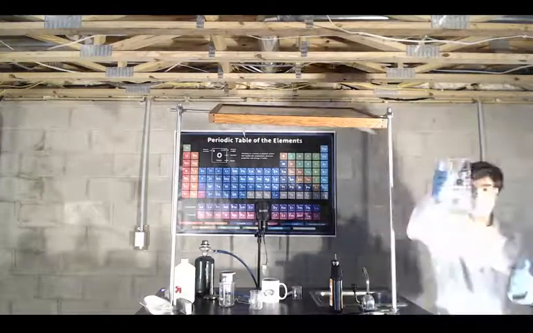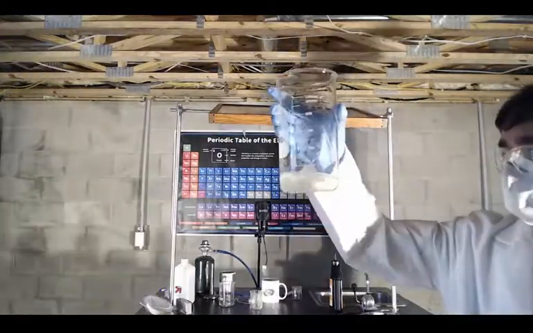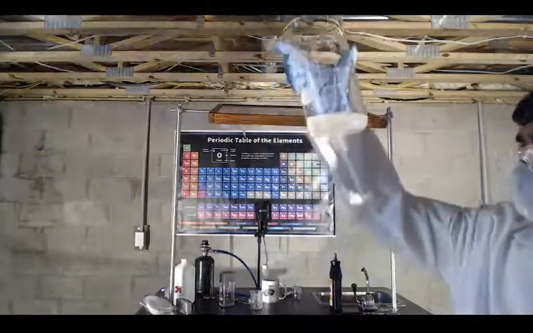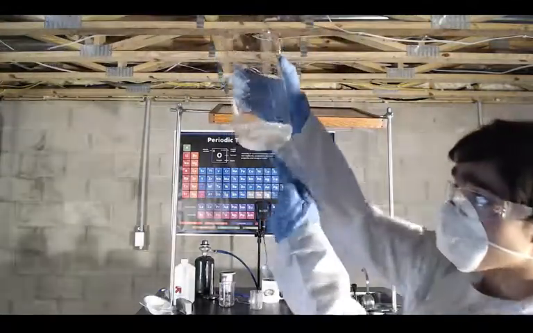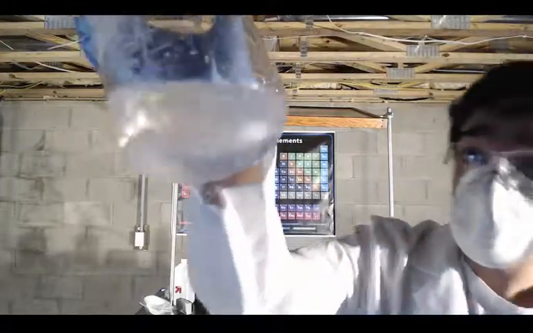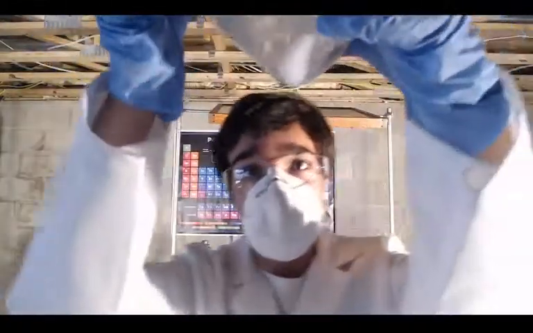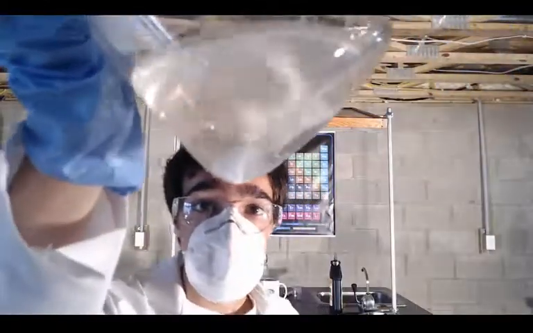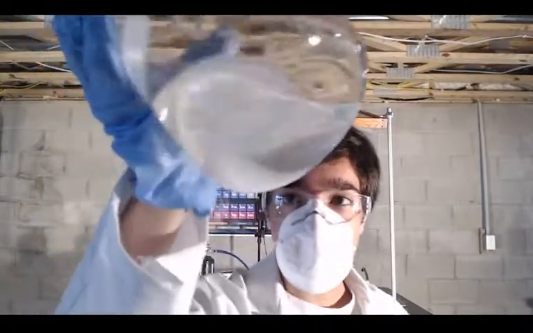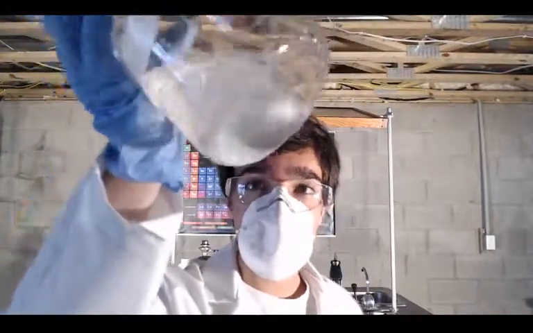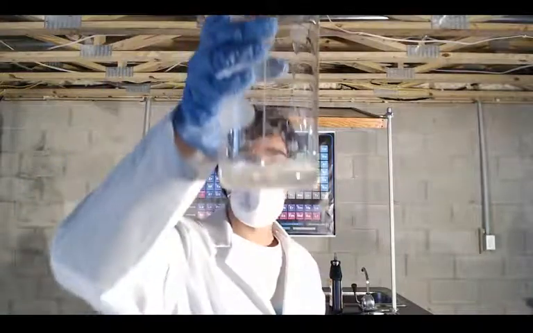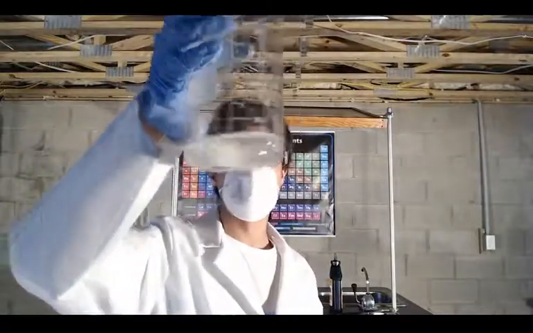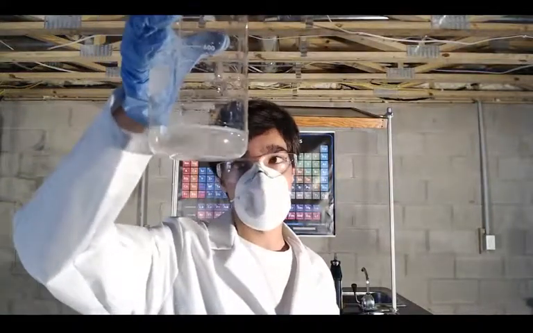It is already dissolving, but the cloudiness in there is because there was a precipitate. If you look closely at the bottom, there is a little substance that has formed. This white substance is potassium chloride. And in the aqueous solution, we have nitric acid.